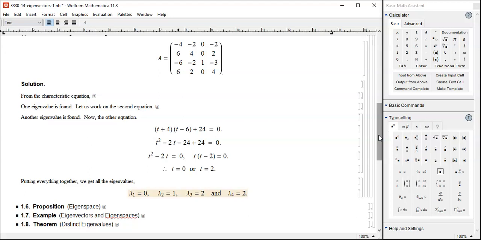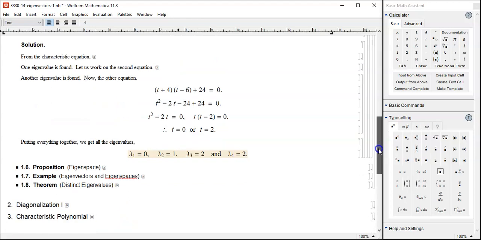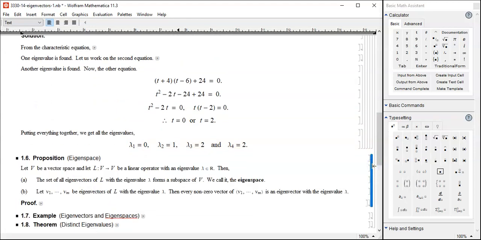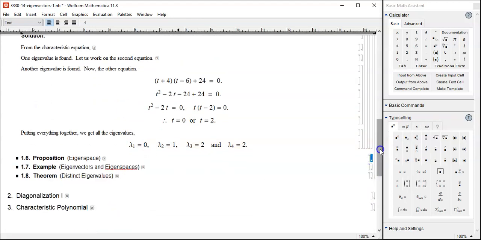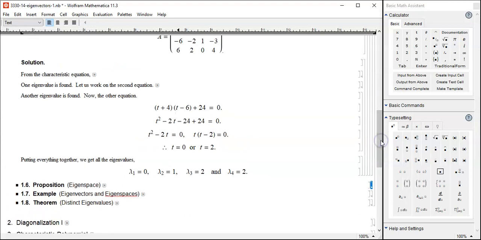Now, what if you want to find out eigenvectors from these 4 eigenvalues? Do we have a problem like that here somewhere? Let's do it.